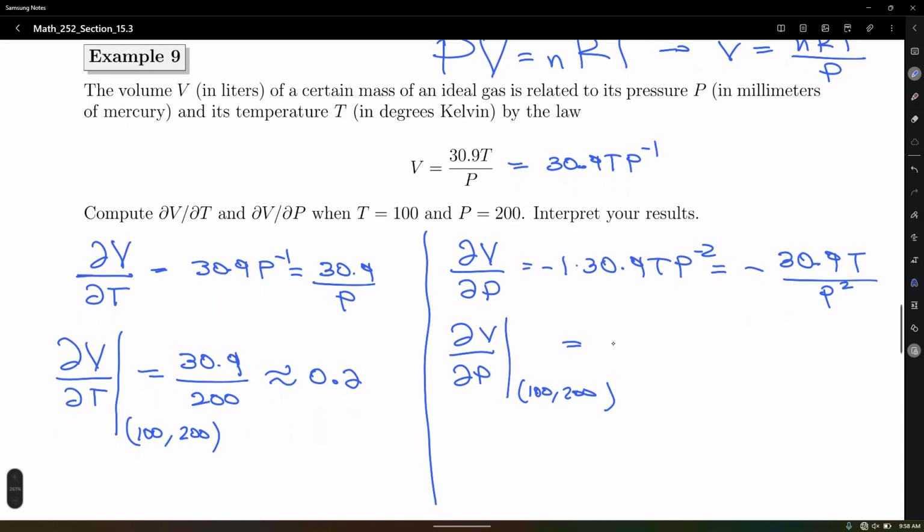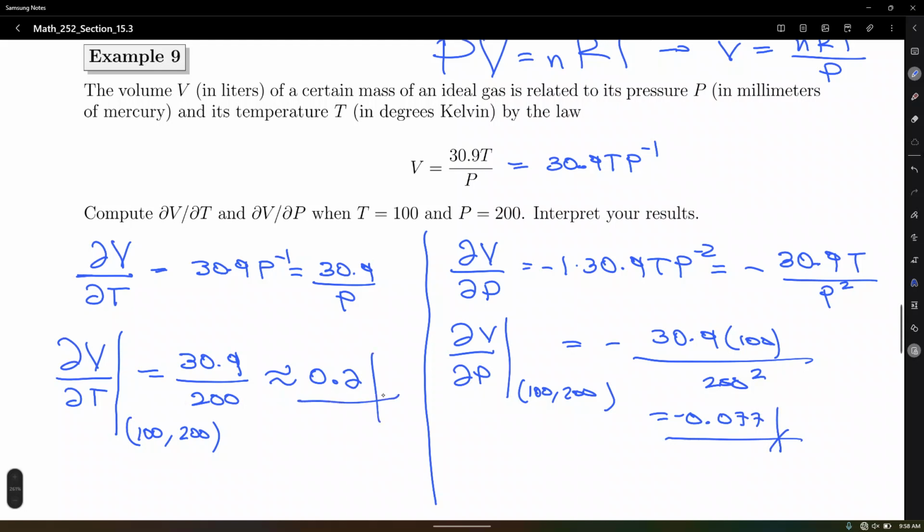Okay, so that will be equal to negative 30.9 T, which is 100, over 200 squared. Using our calculator, that should give us approximately negative, careful with signs, 0.077. So these are our numerical results.